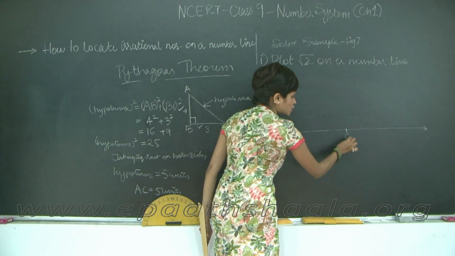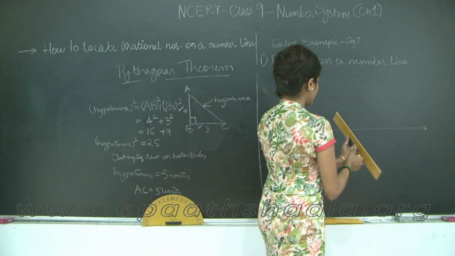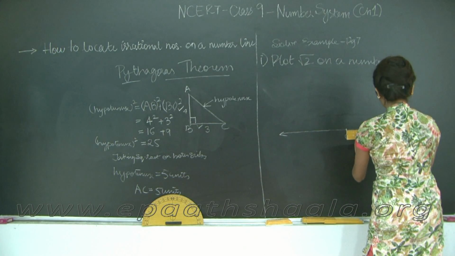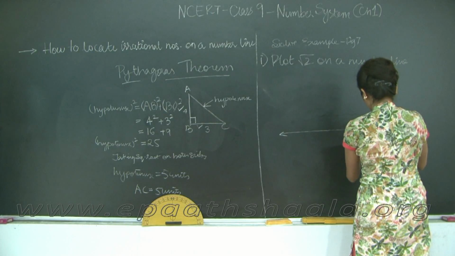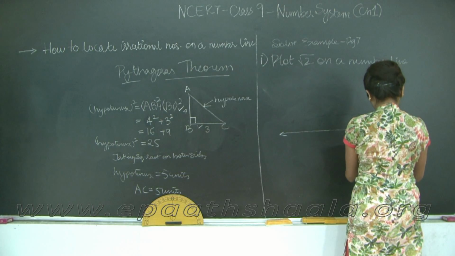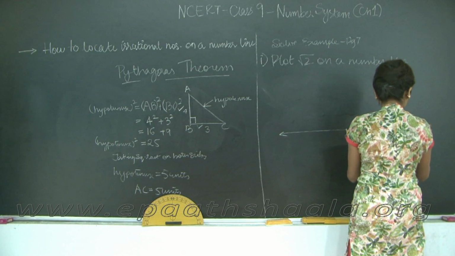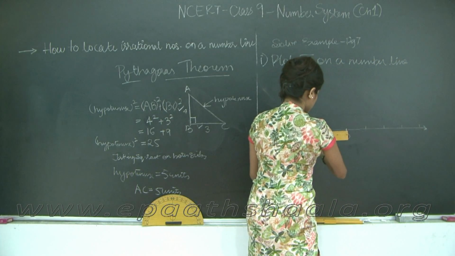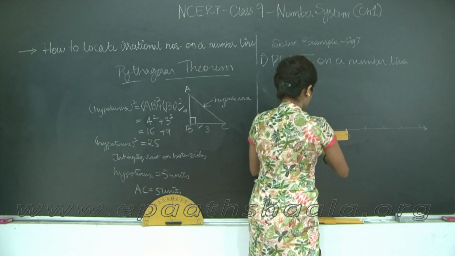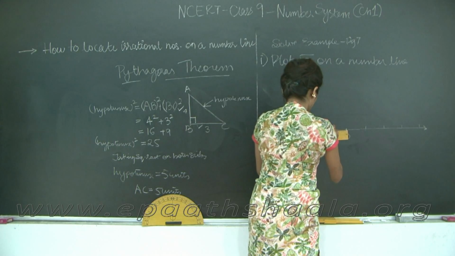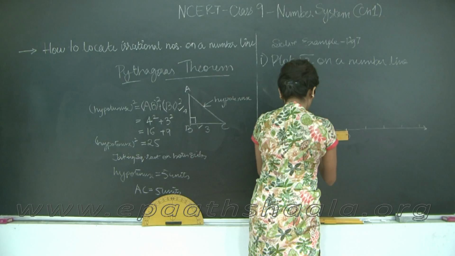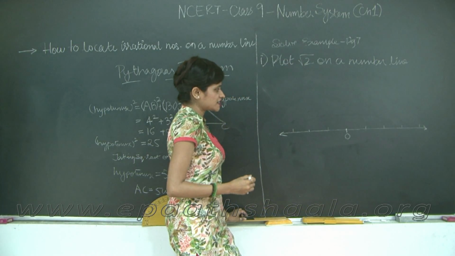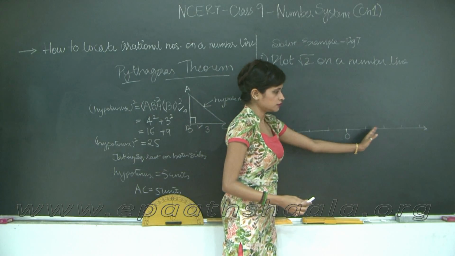I'll take my center as O, okay, and cut equidistant points from point O for the different numbers. So I have taken equidistant points from O, okay.